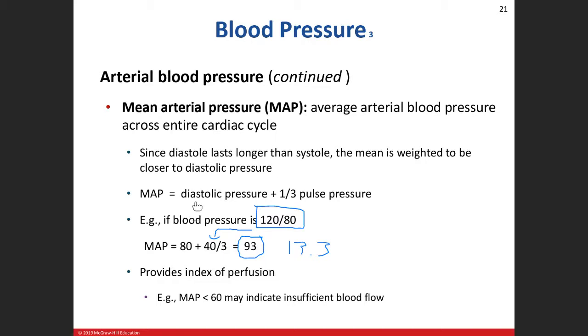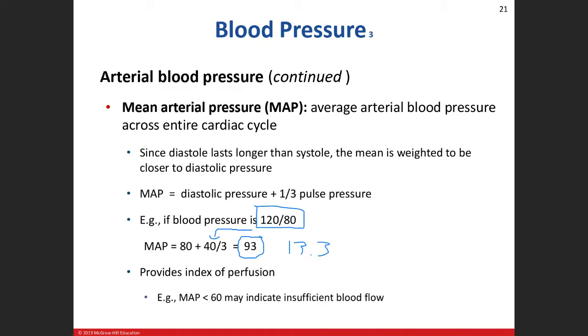So we know what our diastolic is, because if our blood pressure is 120 over 80, there's our 80 value for diastolic pressure. Then we just take 1/3 of the pulse pressure, which is the difference between the systolic and the diastolic, which is 40. We divide 40 by 3, which is 13 point something, drop the decimal, just go with 13, add that, that's 93.